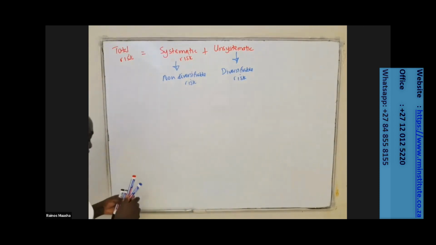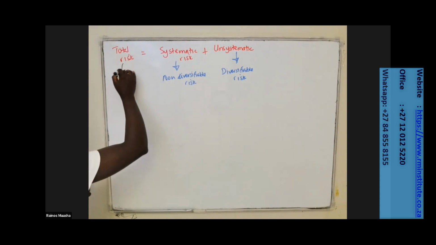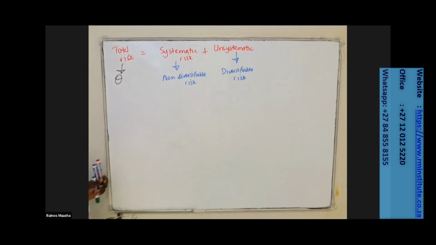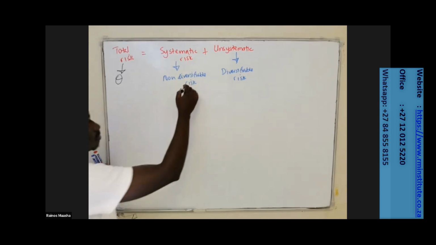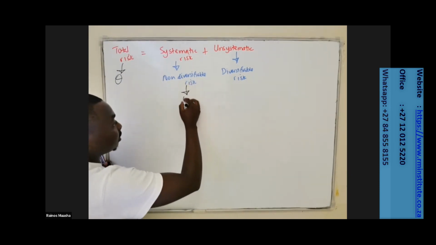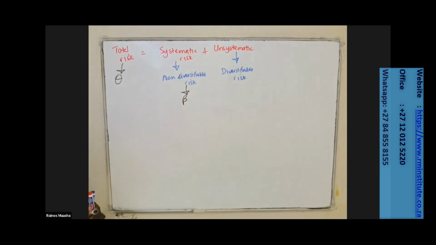Your total risk is measured using the standard deviation, and your systematic risk is measured using the beta.